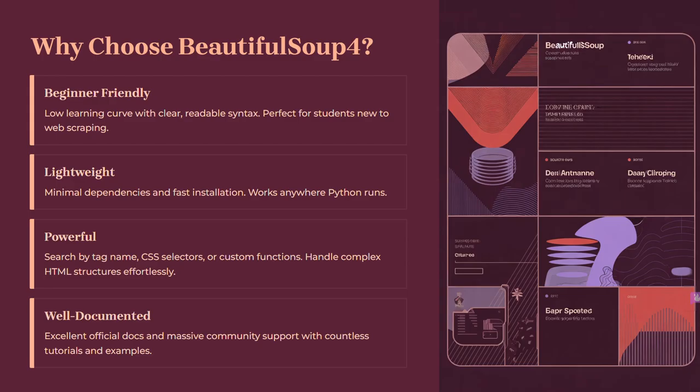BS4 has excellent documentation and a massive community. If you ever get stuck, there are countless examples, Stack Overflow answers, and tutorials available. This combination of simplicity and power makes BS4 one of the most widely used scraping tools for Python developers.